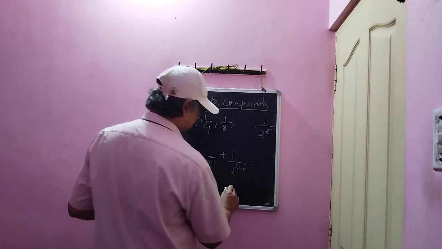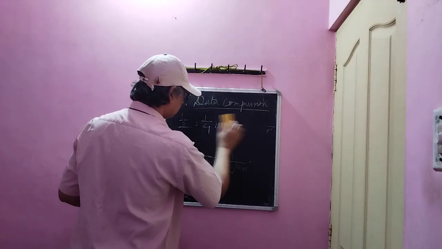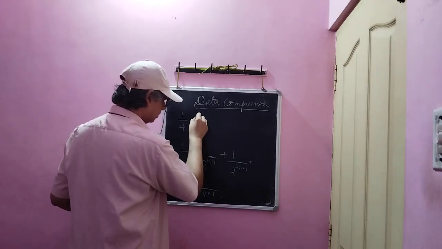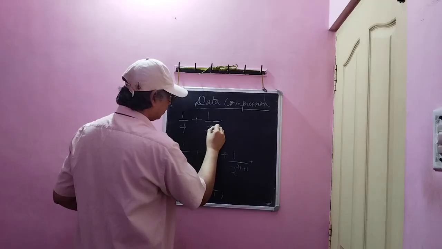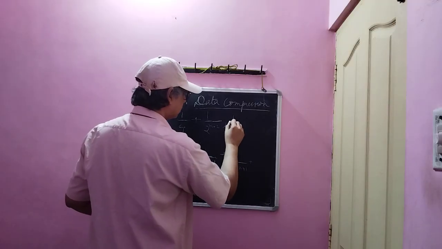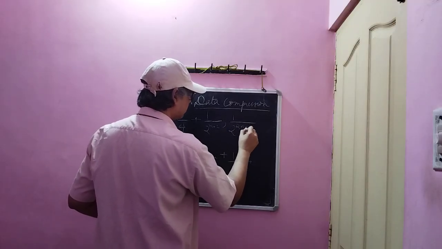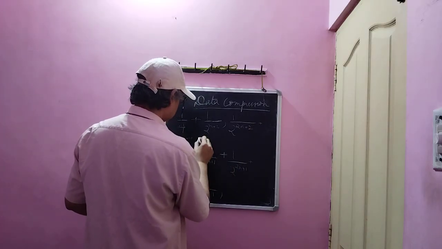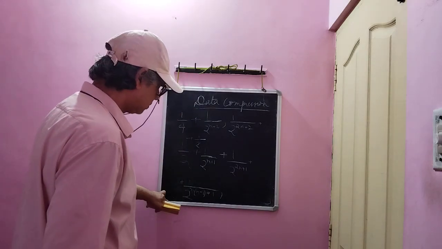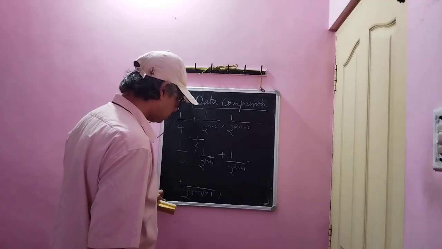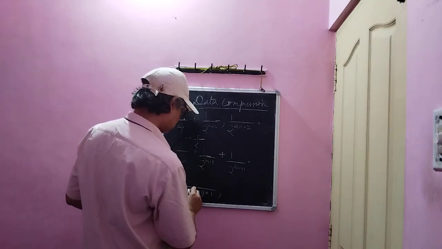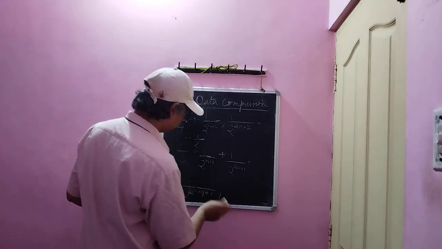The next weight will be 1 by 4 plus 1 by 2 power n plus 2 as a ratio, 1 by 2 power 2n plus 2 and so on, plus 1 by 2 power 2 into n minus 1 plus 1.